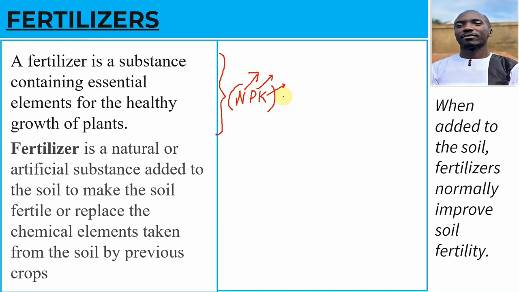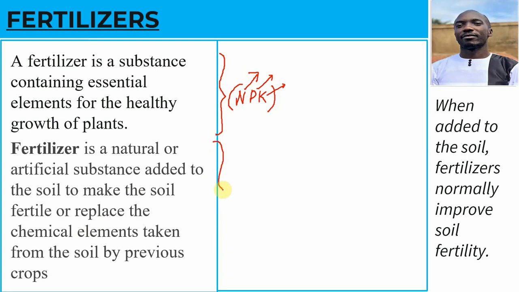Then secondly, we can define fertilizers as a natural or artificial substance added to the soil to make the soil fertile, or replace the chemical elements taken from the soil by previous plants. Some crops that we plant in our gardens might exhaust the soil. They might take a certain nutrient.